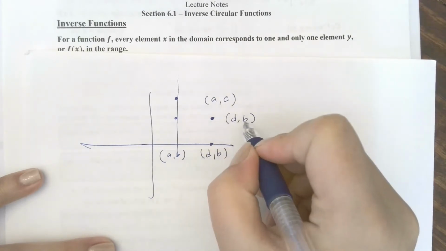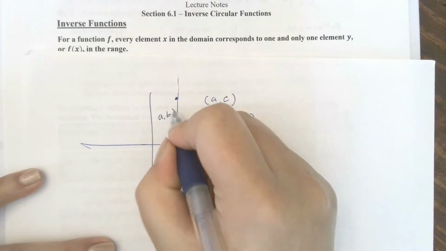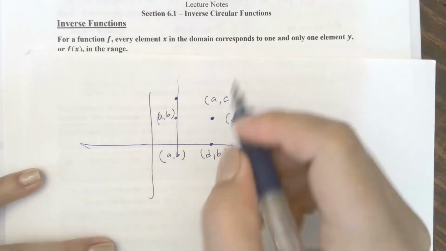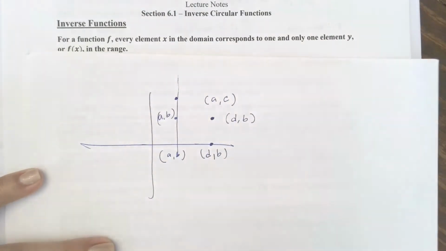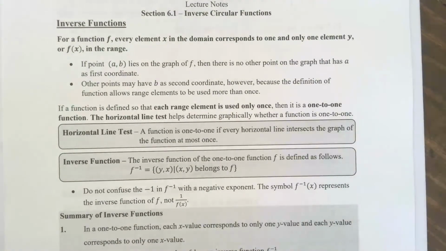So it can have the same y value as (A, B), as B, but not the same x value. If a function is defined so that each range element is used only once, then it is a one-to-one function.